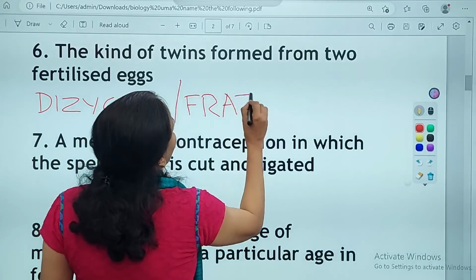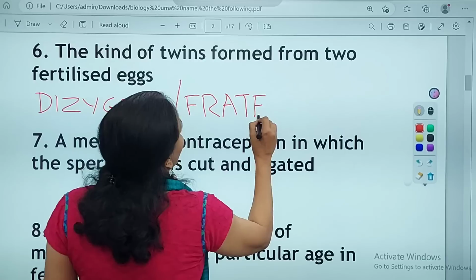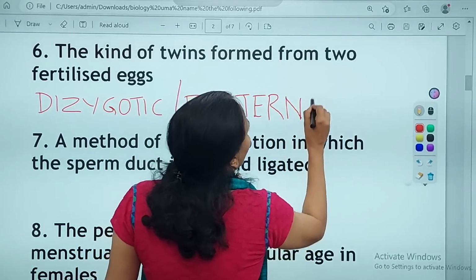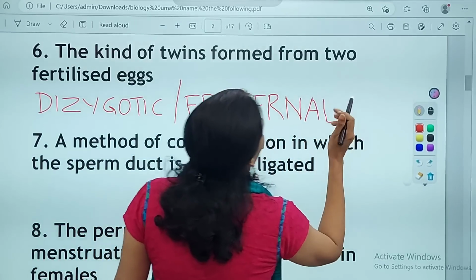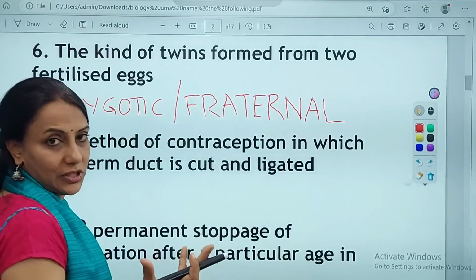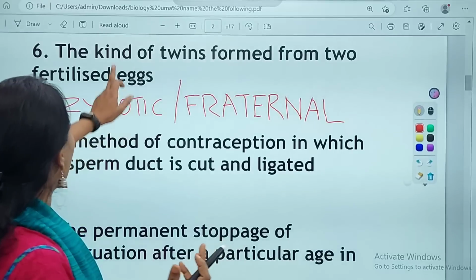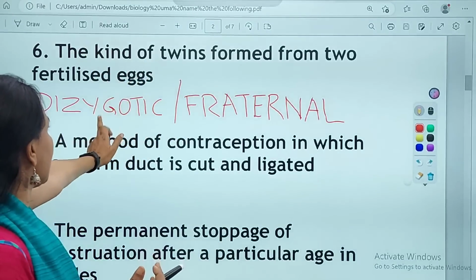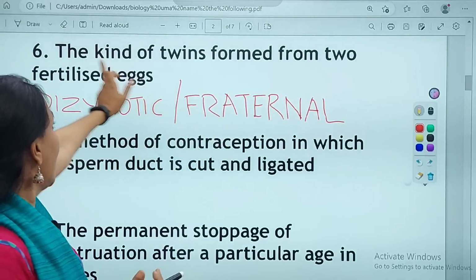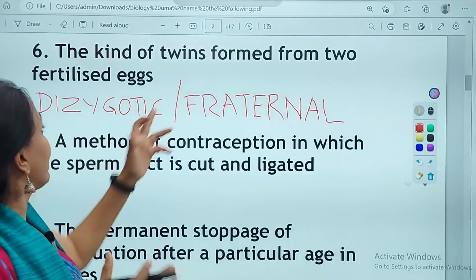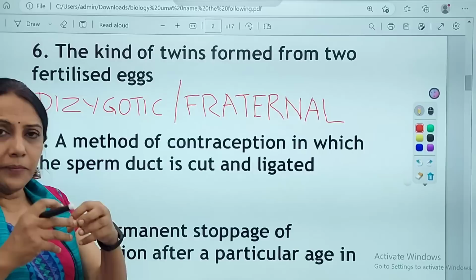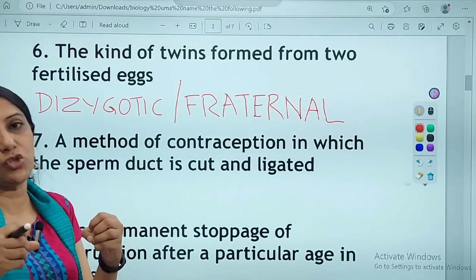Because they are like any other brother and sister, like children born to the same mother and father, however similar or dissimilar they may be. But if there are twins born from the same fertilized egg, what happens is that once the zygote is formed, it sometimes splits into two.